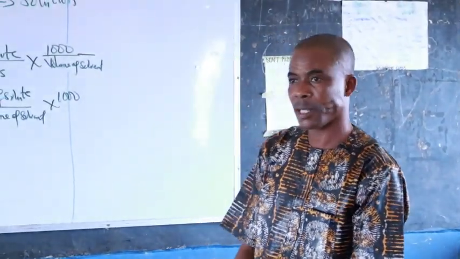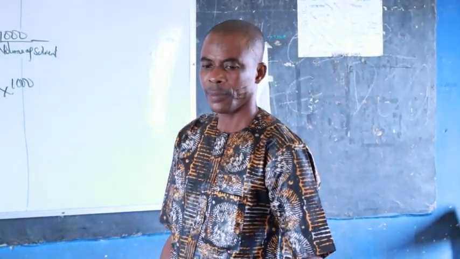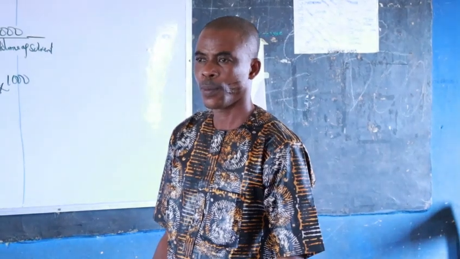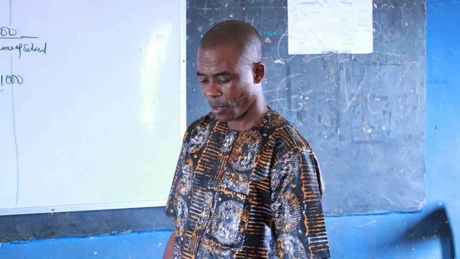Cu is equal to 64, S is equal to 32, and O is equal to 16.